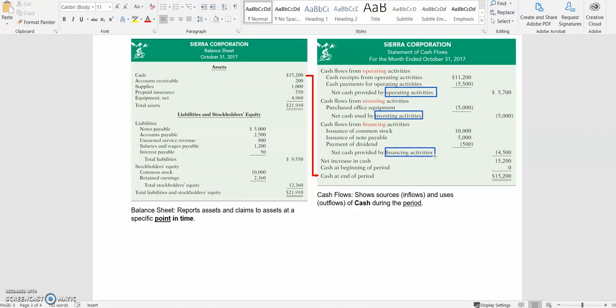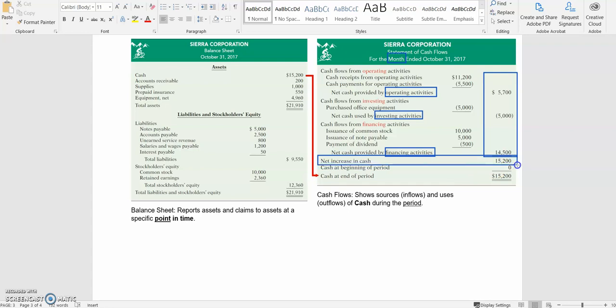And you want to read through our textbook all of the examples of business activities and how they're classified, because in our statement of cash flows, we're going to try to explain the sources and the uses of cash during the period. So this is the same month. And we want to get to our net increase in cash during that period of time.